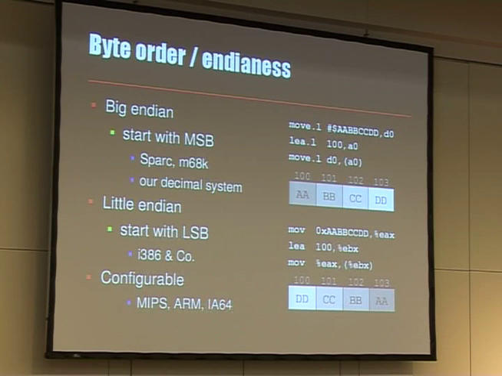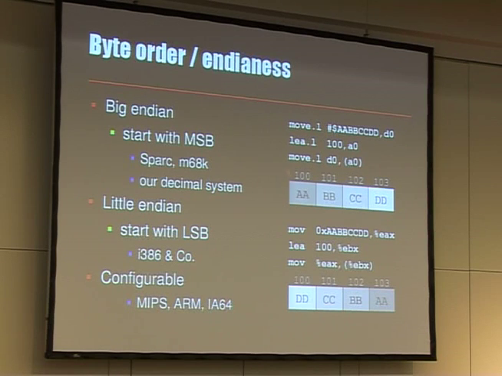What it does is it takes a big value, AA, BB, CC, DD, and stores it in the register D0. It loads the address 100 into the address register A0, and it stores the value in the D0 register to the pointer in A0.